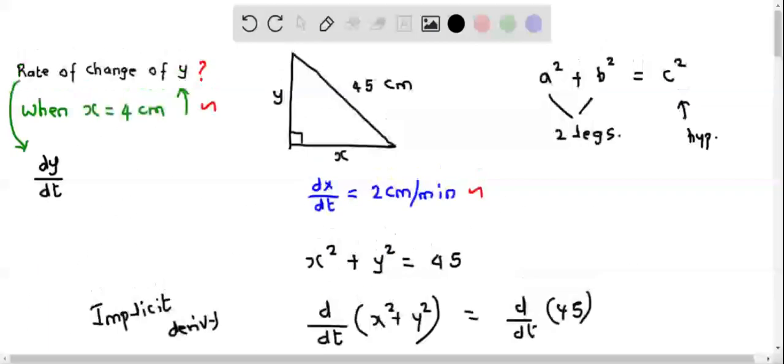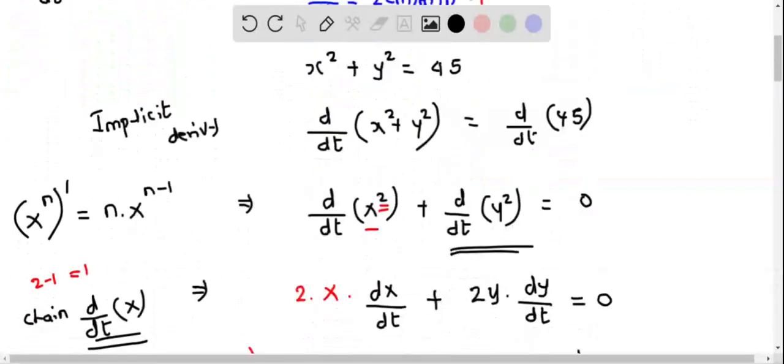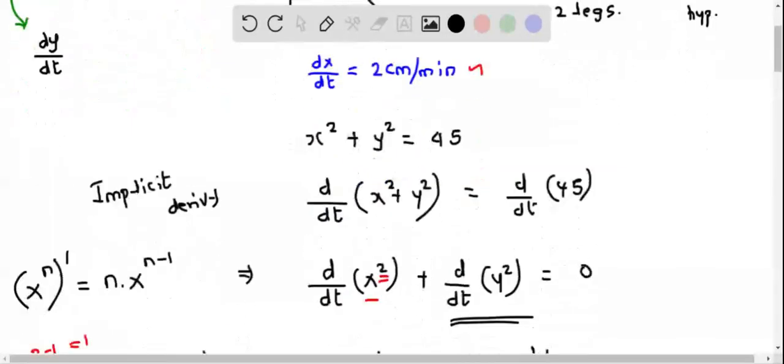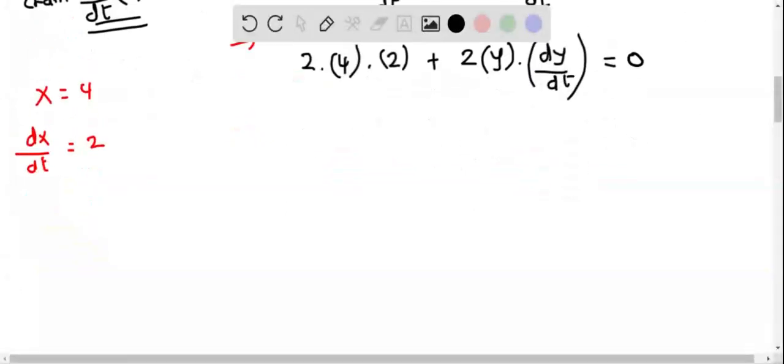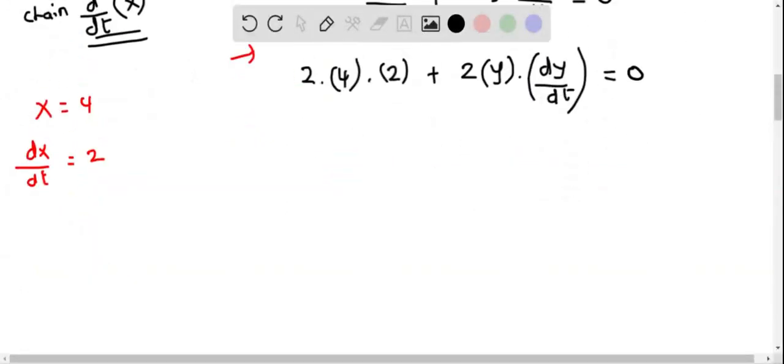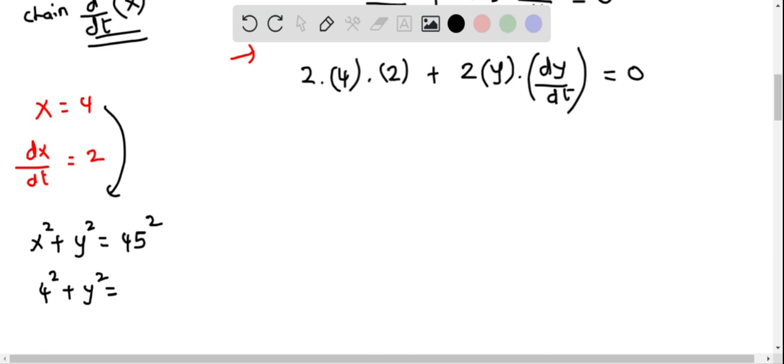We can utilize the Pythagorean theorem once again, because it is given that the hypotenuse is 45. I'm going to find y when x equals 4. So x squared plus y squared equals 45 squared. Plugging in x equal to 4, we get 4 squared plus y squared equals 45 squared.